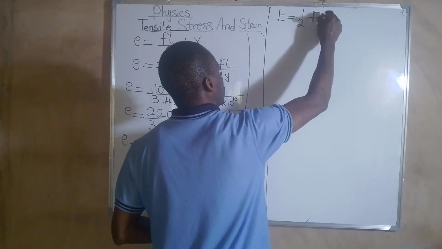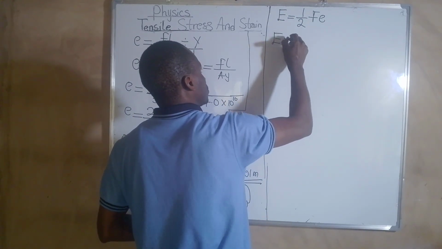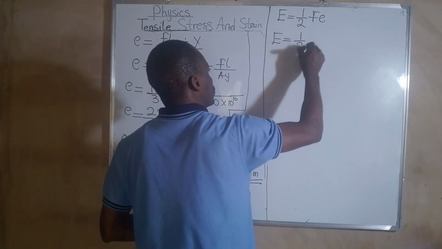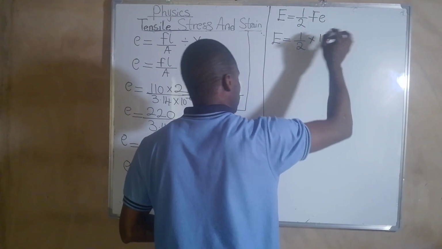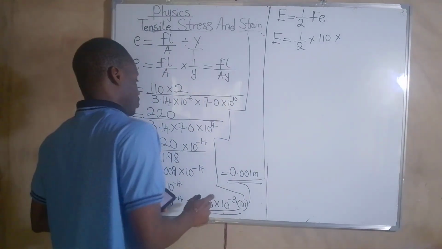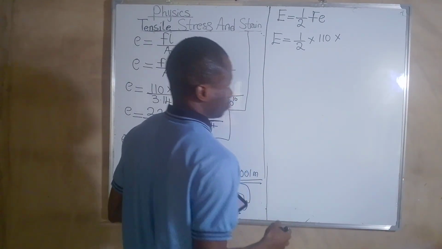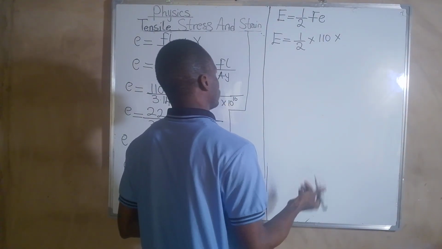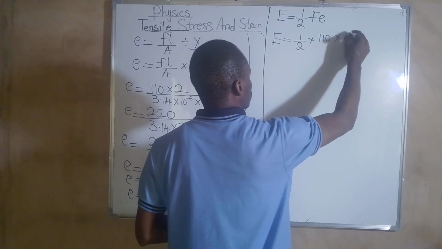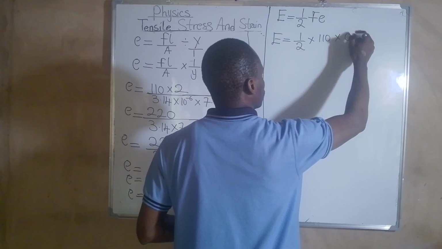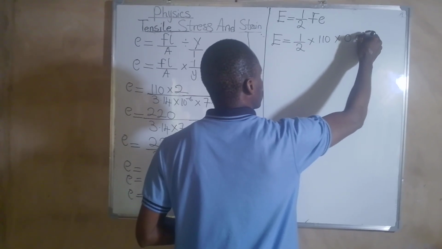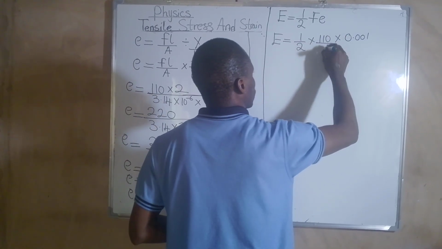F E. So E is equal to 1/2 times 1110 times 0.001. If you're still scared, you can use your 1 times 10 raised to the power minus 2 if you like. But let's continue. 0.001, right? I'm going to have this and this.